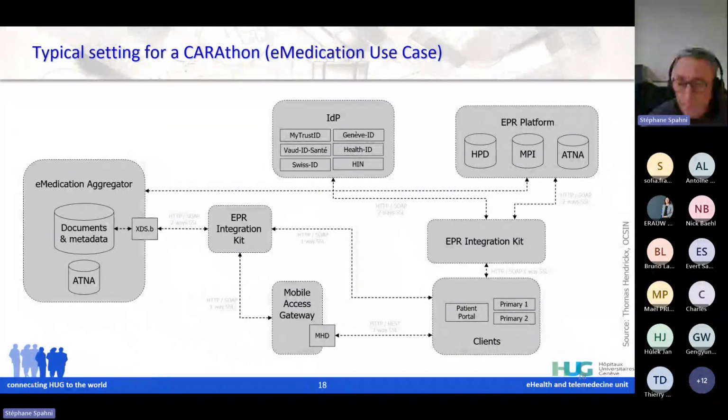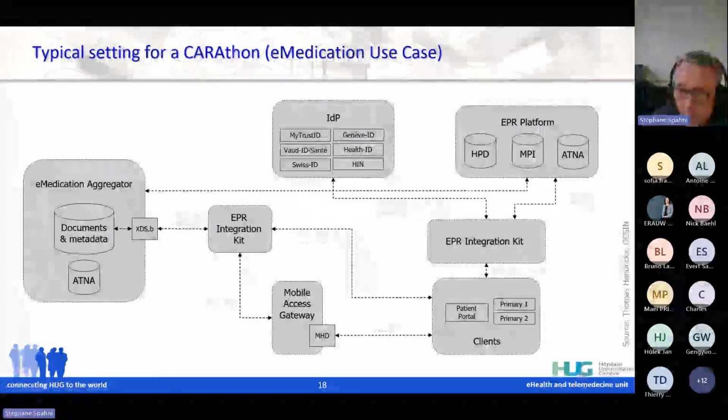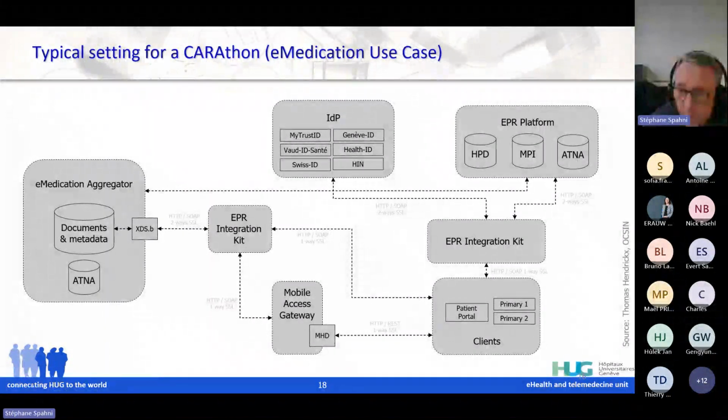They can be managed at the EPR integration kit level for the initial development phase. Of course, when we do the testing, the primary system has to implement all that, and it's just used as a proxy for linking with the testing tools. But it's very useful for that.